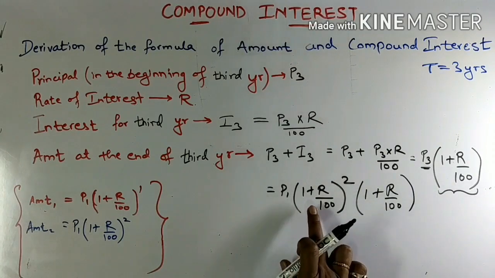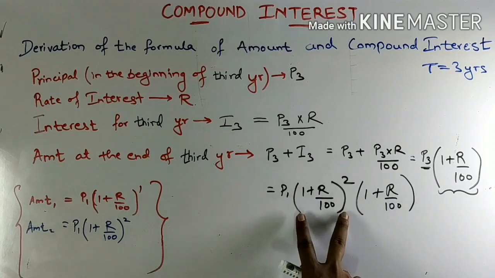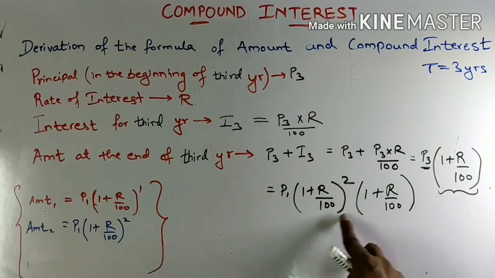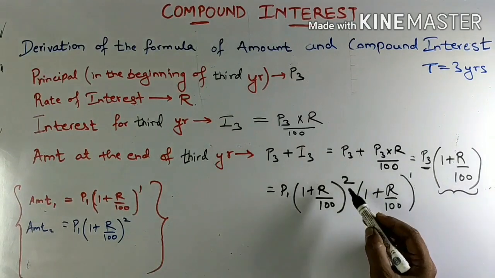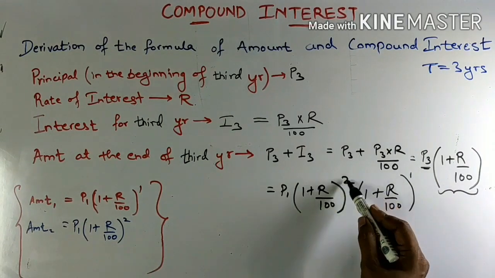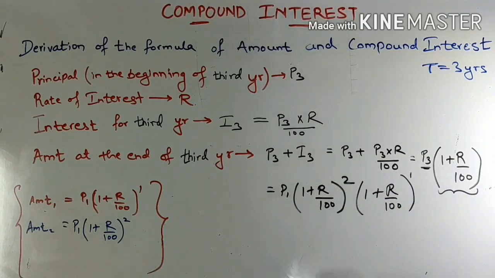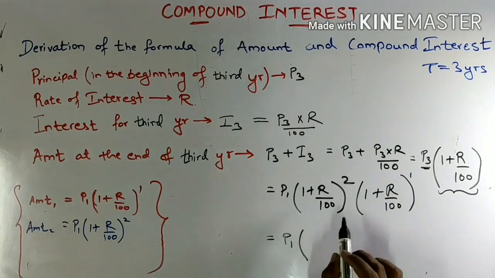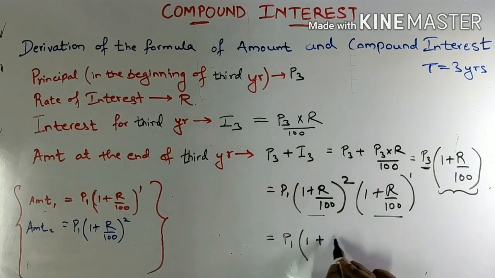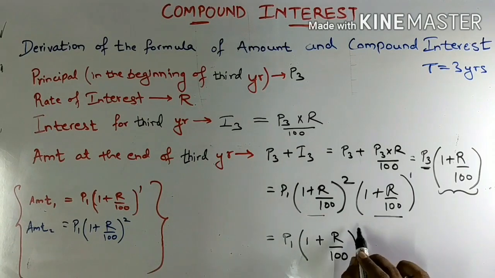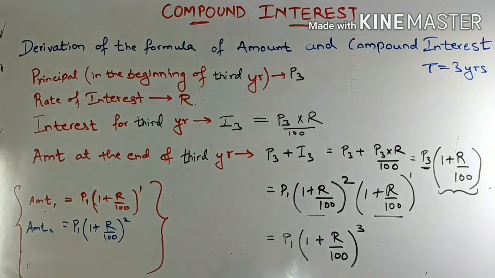Since you see over here the base, that is the bracket, 1 plus R by 100 and 1 plus R by 100 are same, the product will be equal to the addition of these powers. So I'll write as it is P1 into, since these brackets are same, the powers will get added, 1 plus R by 100 the whole raised to the power 3.